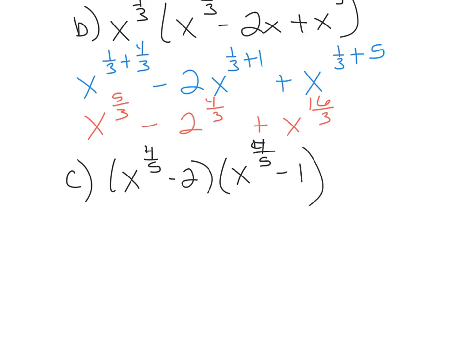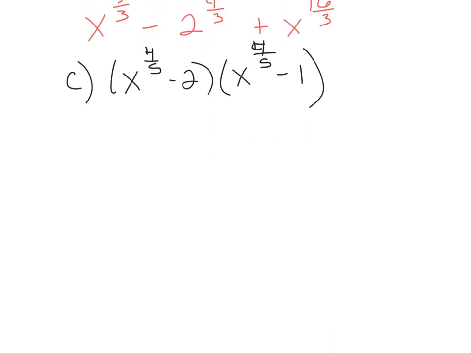All right, we have a binomial times a binomial, which we're going to use double distribute or FOIL. So we have to multiply this times this, then this times this, then this times this, and this times this. So 4 different multiplications. We're going to write those multiplications out and then simplify the exponents.